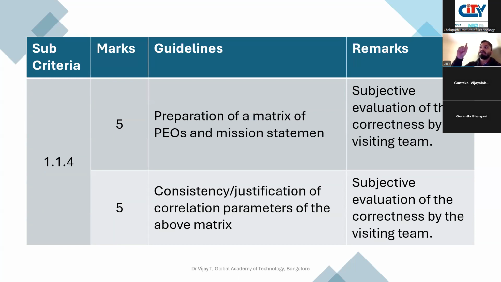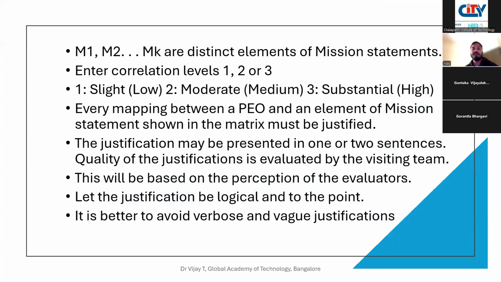If you have mapped your PEO 1 to mission 1, why you have mapped, and you would be saying it is having a high relevancy, medium relevancy, or a low relevancy. So you should know why you have given high relevancy, why you have given medium relevancy, and why you have given low relevancy. A justification statement has to be written for each of these markings, which carries 10 marks.